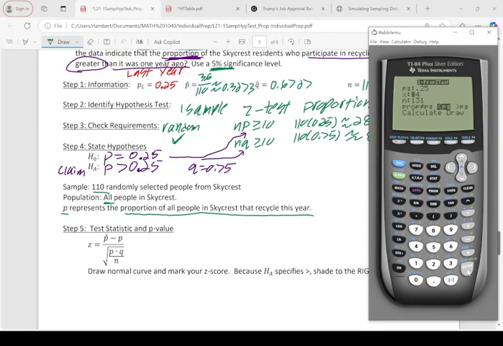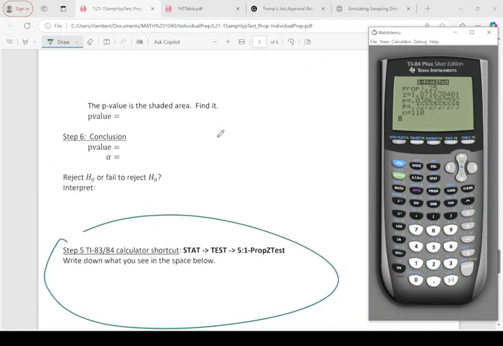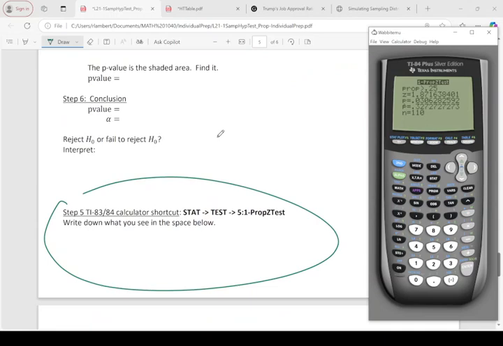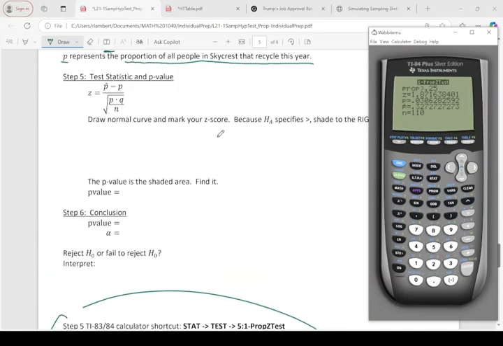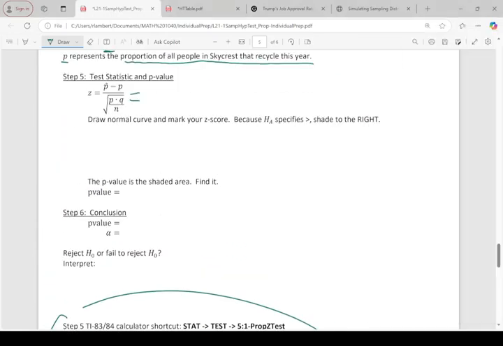This is our number of successes in the sample. This is our sample size. This is our alternative hypothesis, which is going to be a greater than this time. And we hit calculate. So we'll put those answers up here anyways.